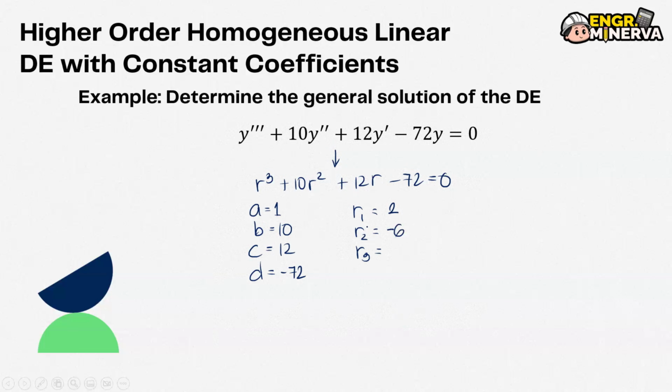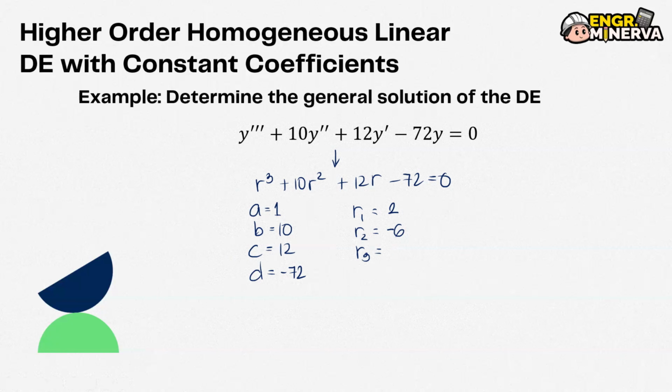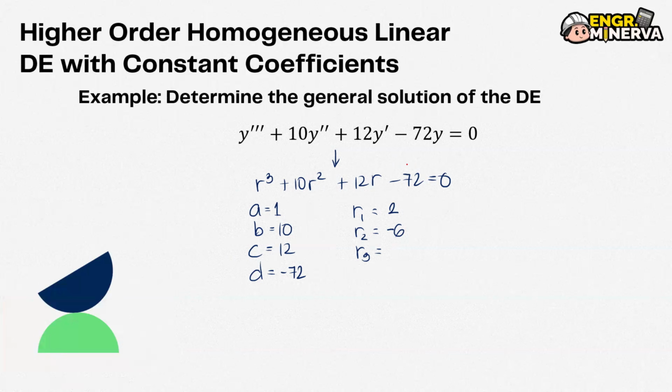Why is it only 2 roots? It means one of the roots repeats. How can we determine which of the roots repeats? I have a tip on how to determine that without using synthetic division or long division. Take note of the constant in our characteristic equation. The constant is negative 72.